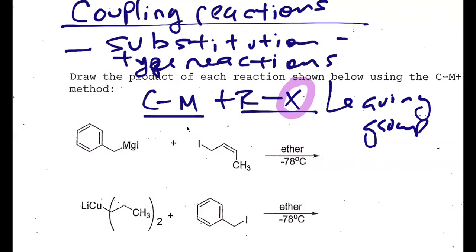The key to the reaction is that you're making a new bond between C and R. I really don't care about what happens to M and X, because that's just going to get tossed at the end of the reaction.